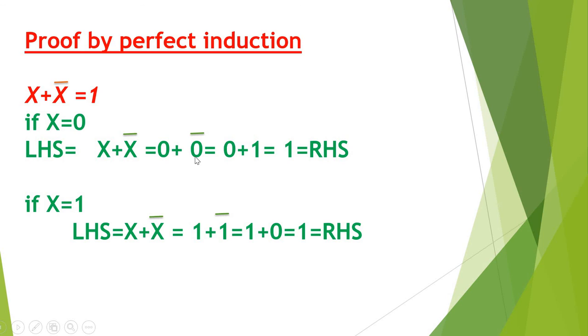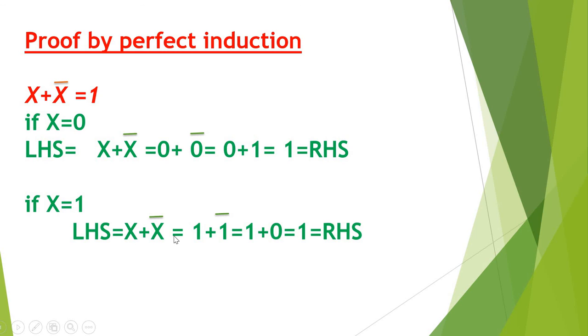What is the value of 0 bar? 1. That is equal to 0 plus 1. What is the value of 0 plus 1? That is equal to 1. That is equal to RHS. Then, if x is equal to 1, LHS is equal to x plus x bar. Then substitute 1 for this x.